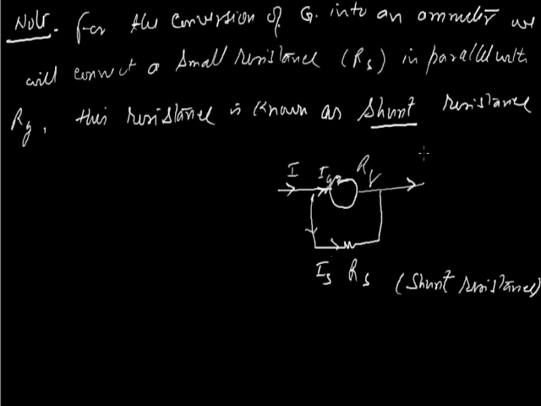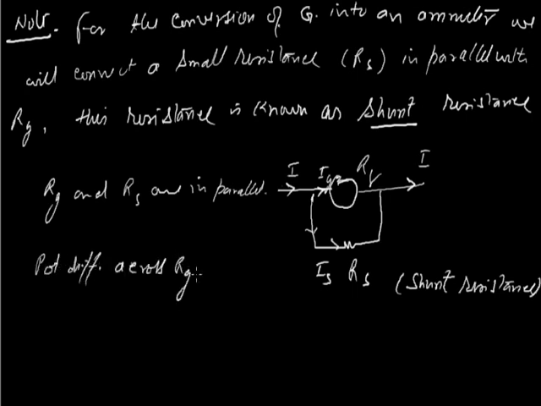Now in this, total current is I. Here Rg and Rs are in parallel. So potential difference across Rg is equal to potential difference across Rs. Means Ig into Rg will be Is into Rs.